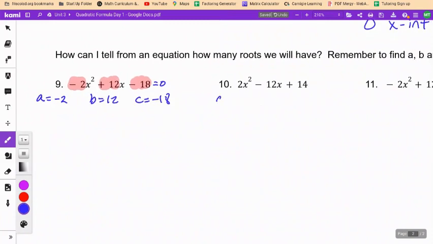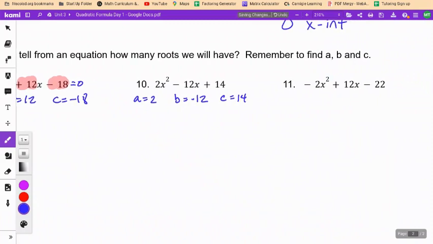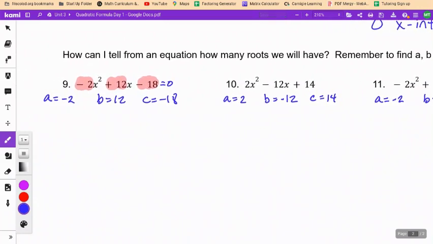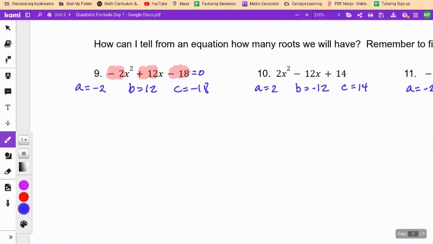For number 10, A is 2, B is -12, C is 14. And for number 11, A is -2, B is +12, and C is -22. So anytime we're using the quadratic formula, this is probably the first thing we're going to do: identify A, B, and C.